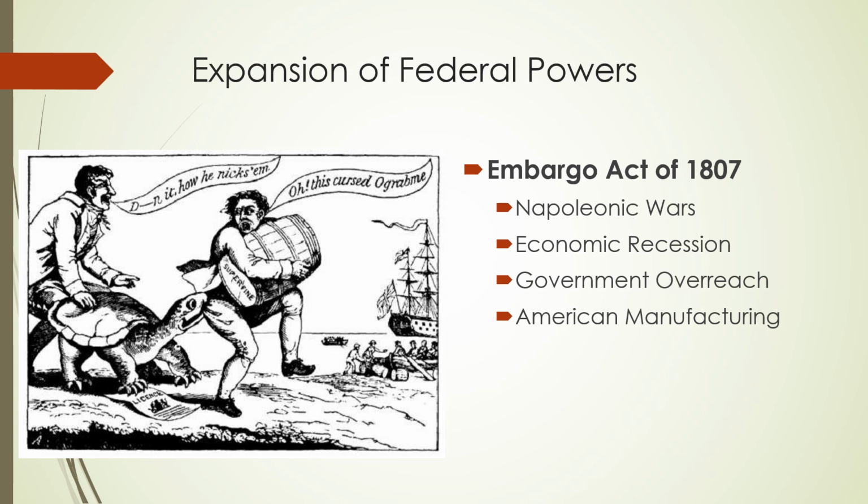But another consequence of this Embargo Act, because we couldn't trade with these other industrialized nations like Britain or France, is that the United States now has to really focus on developing its own industry. And so this helped spur along American manufacturing, which is really important.